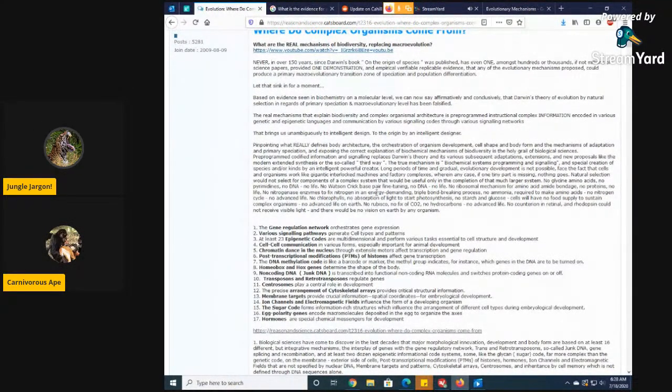No Watson-Crick base pair fine-tuning, no DNA, no life. No ribosomal mechanism for amino acid amide bonding, no proteins, no life. No nitrogenase enzymes to fix nitrogen in an energy-demanding triple bond breaking process.